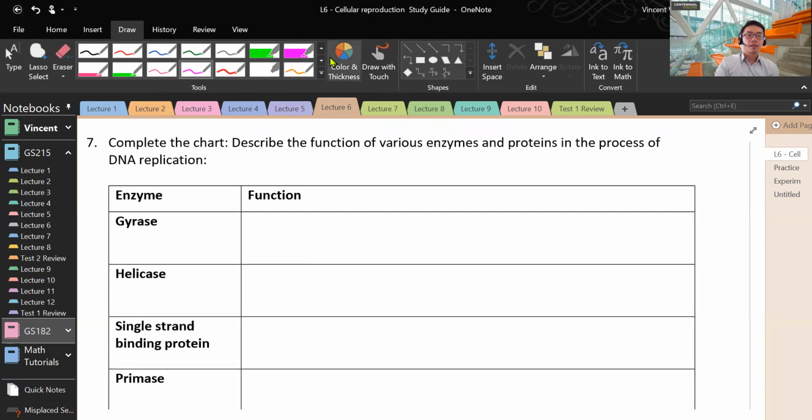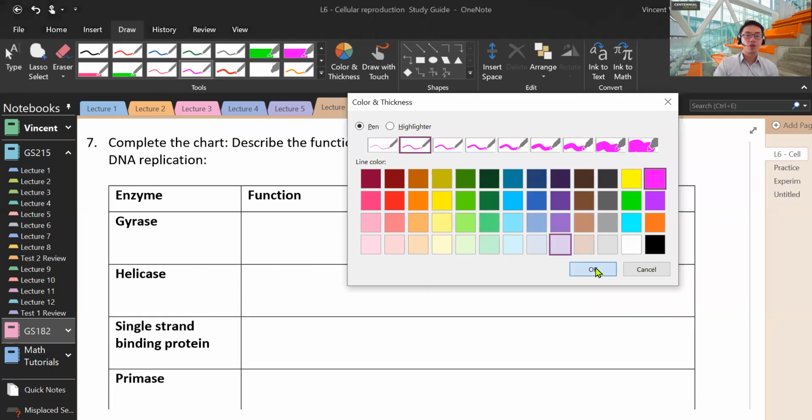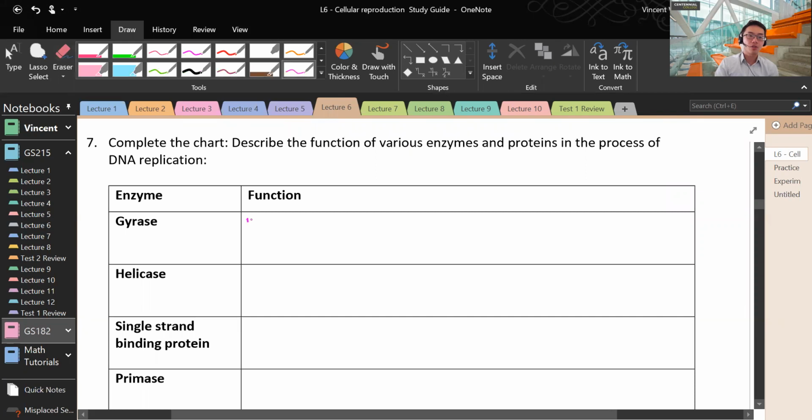The function of gyrase is to relieve tension that builds up in the DNA as it is being unwound by helicase.